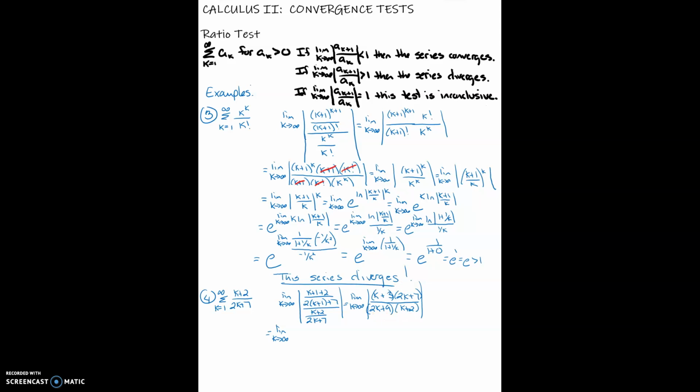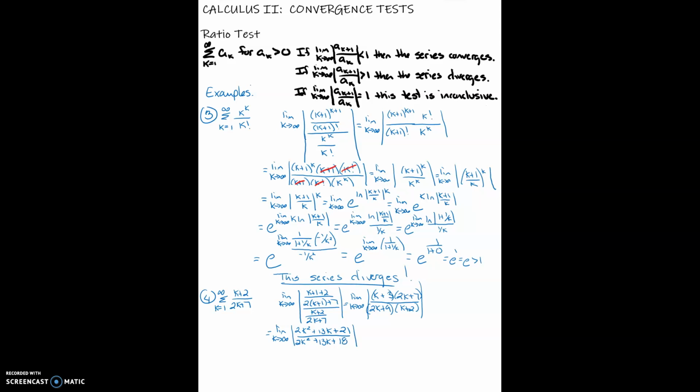Once you do, you should have 2k squared plus 13k plus 21 over 2k squared plus 13k plus 18.